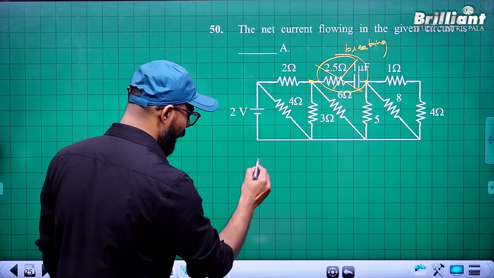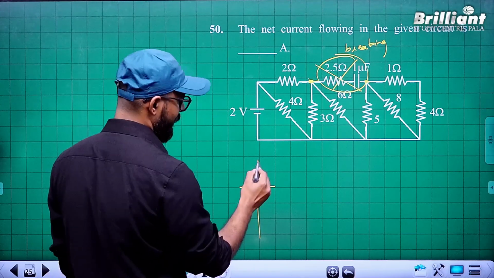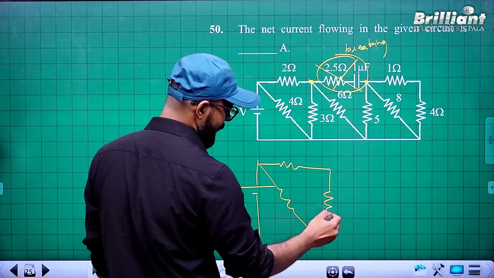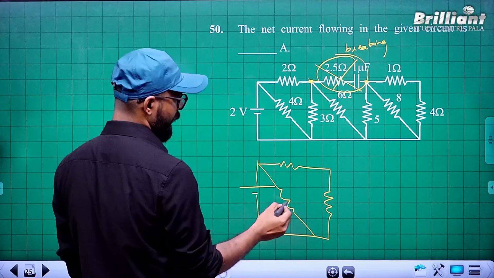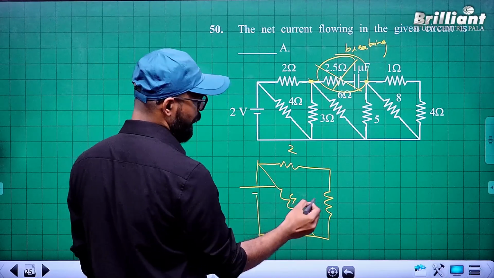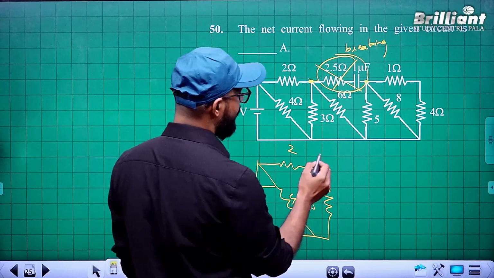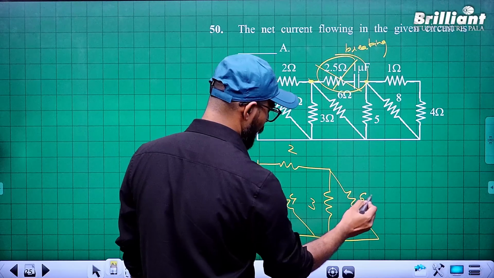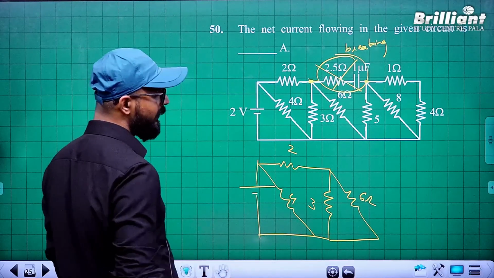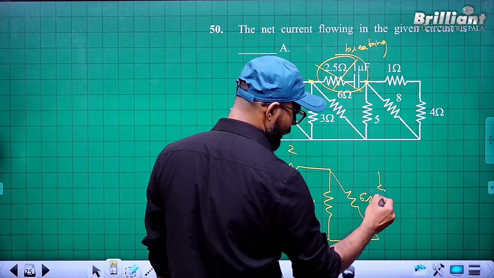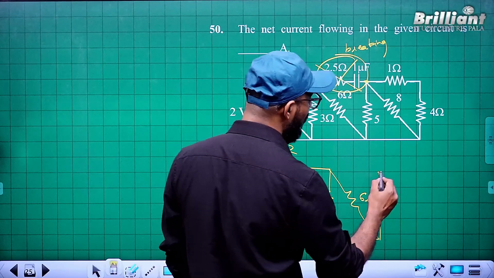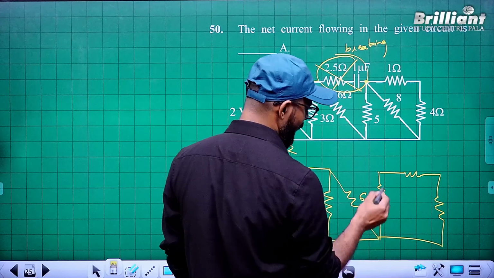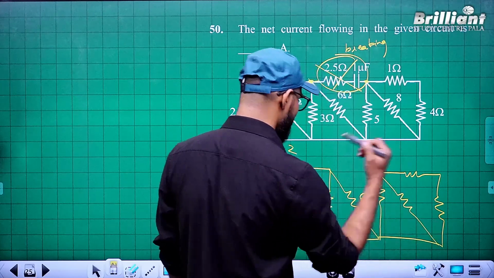If you redraw the diagram: cell, a resistor here, a resistor here, and a resistor here. So this is 4, 2, 3. And then we have a 6 ohm here. After that, if that circuit is broken, we have a loop over here which has a bunch of resistors.